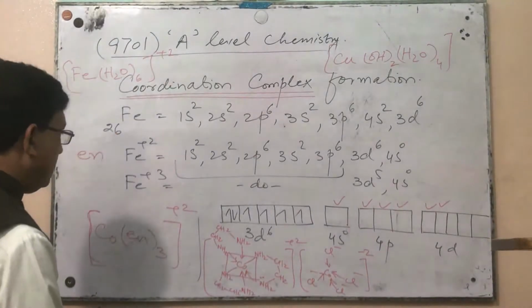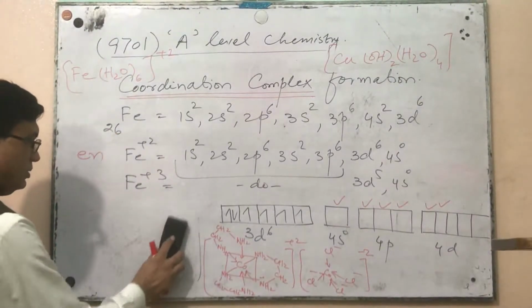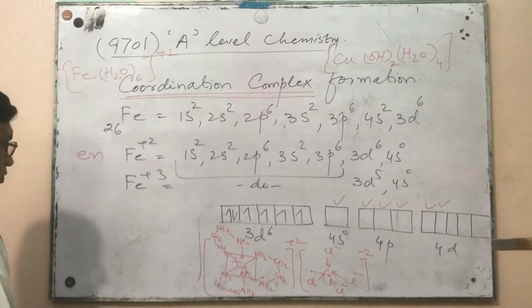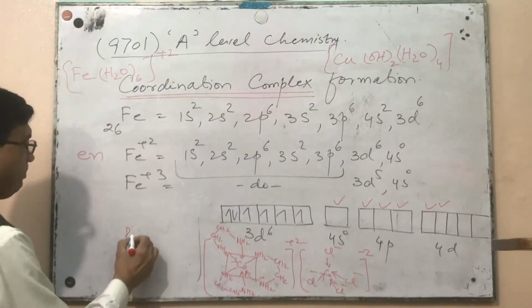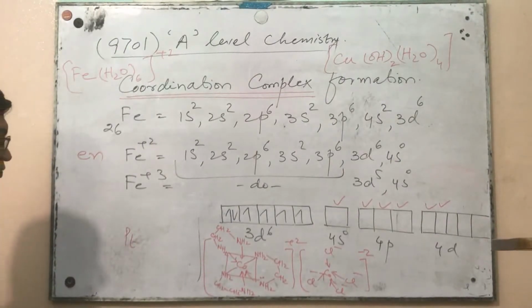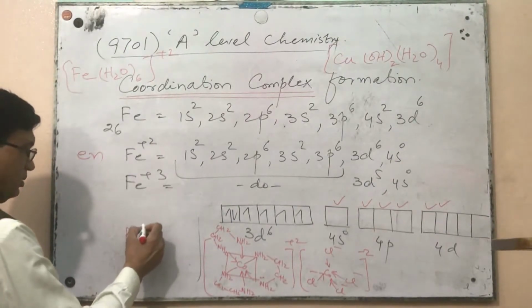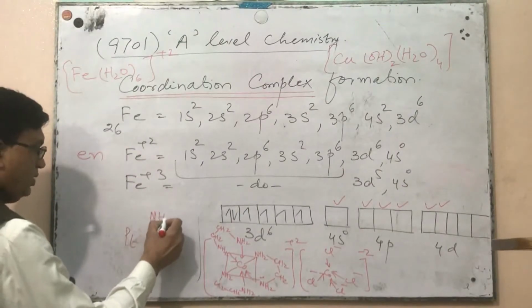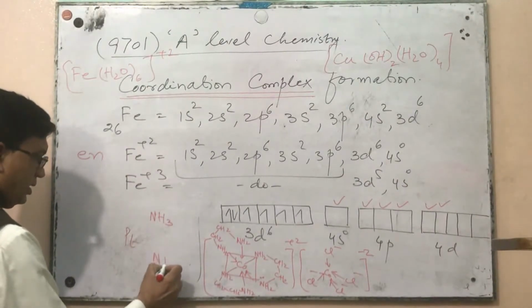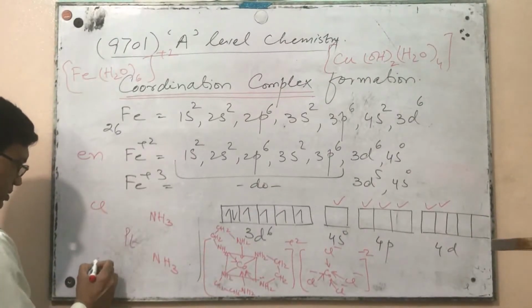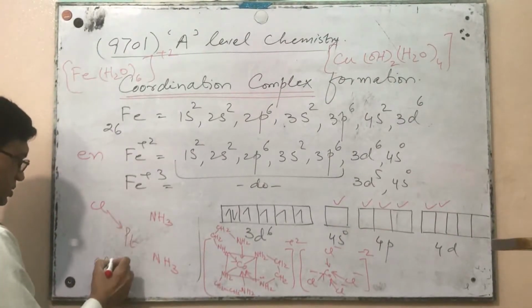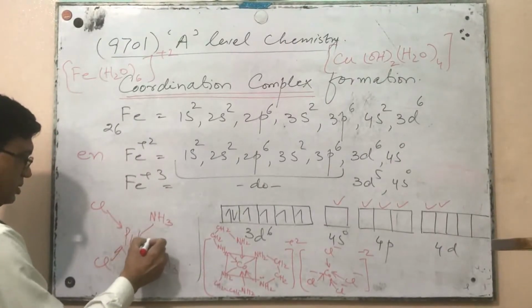stereoisomerism. Now, another example, a complex of platinum, which is formed by the ammonia molecule and chloride ion.